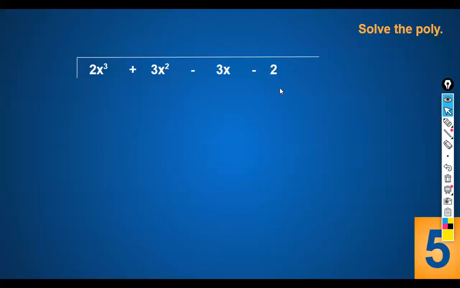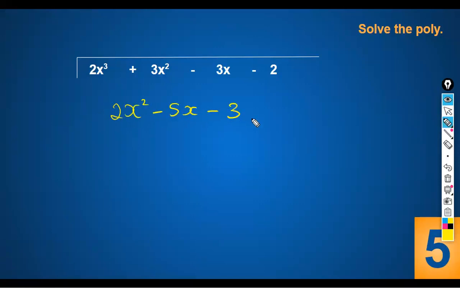Okay. So let's say now they ask you to solve this polynomial. Forget the divide sign, that's for later on, right? Do you all remember how to solve a quadratic? Remember when you had a quadratic for homework, like 2x squared minus 5x minus 3. You would use this formula, you all know the big scary formula, right?